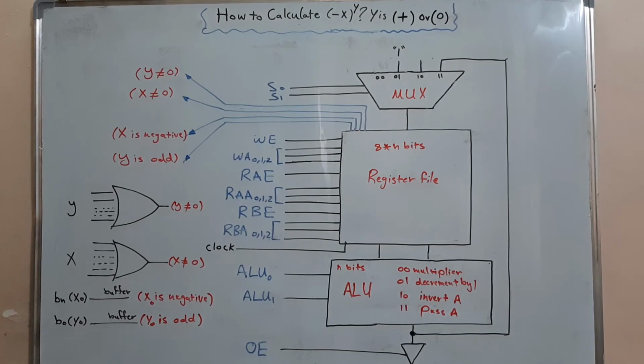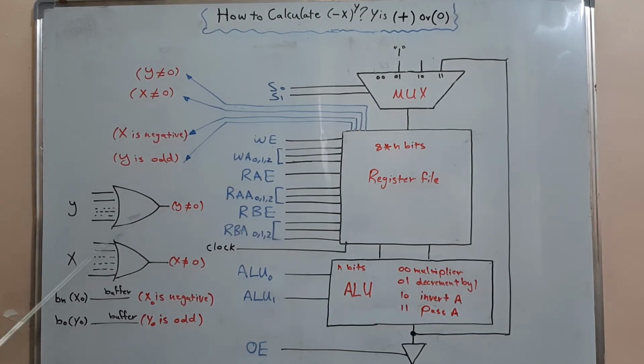The conditions that will control our algorithm are tested through these 4 lines. First, y is not equal to 0 will be tested by putting an OR gate in the location that will save the value of y. And that's similar to x is not equal to 0.